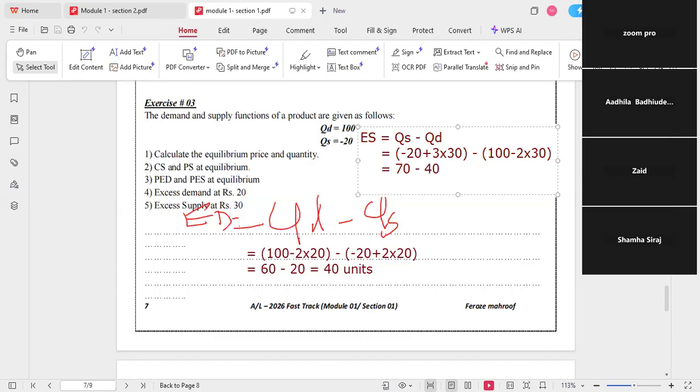So excess supply is 30 units. Excess supply 30 units.